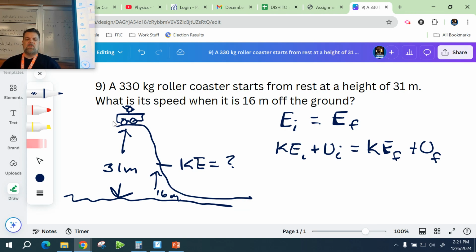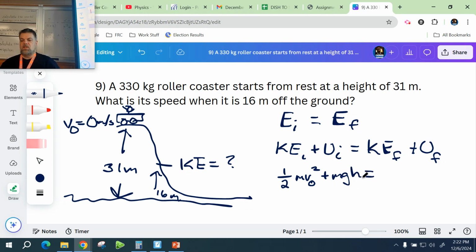Well, how fast is this thing moving when it's at the top of the hill? The initial velocity of the roller coaster at this particular point in time is 0 meters per second. So my kinetic energy, and let's write in the formulas too. This will be 1/2 times the mass times the initial velocity squared plus the mass times the acceleration due to gravity times the height.